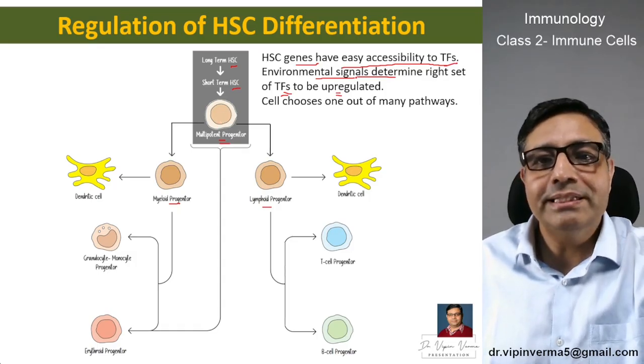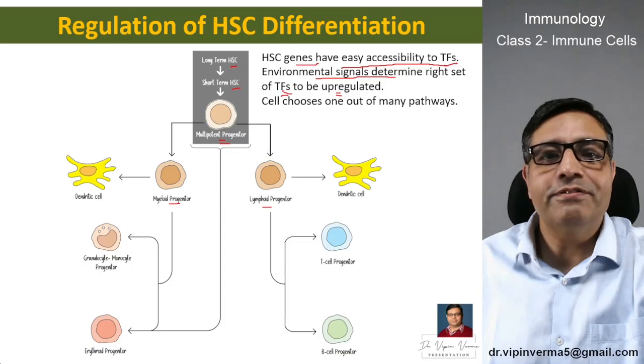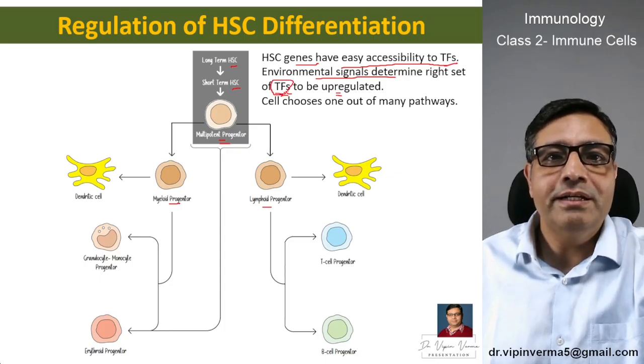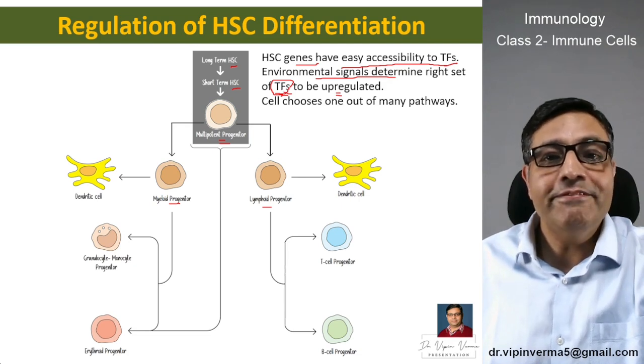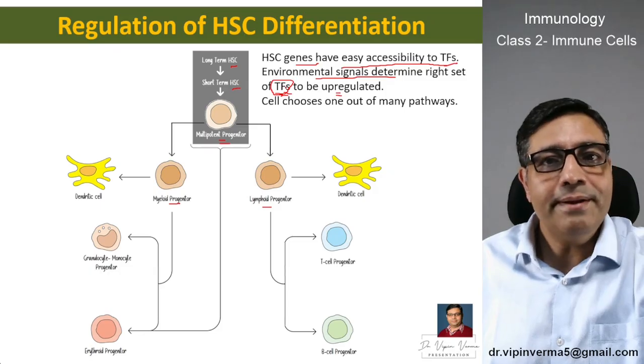So the environmental signals will determine the right set of transcription factors. Those transcription factors which will drive the synthesis of RBCs will be upregulated, and others will be downregulated.